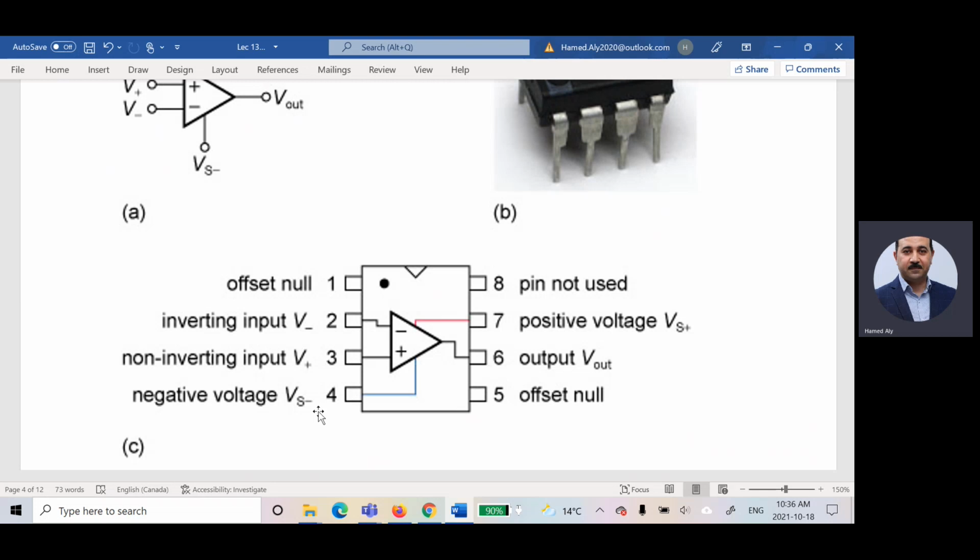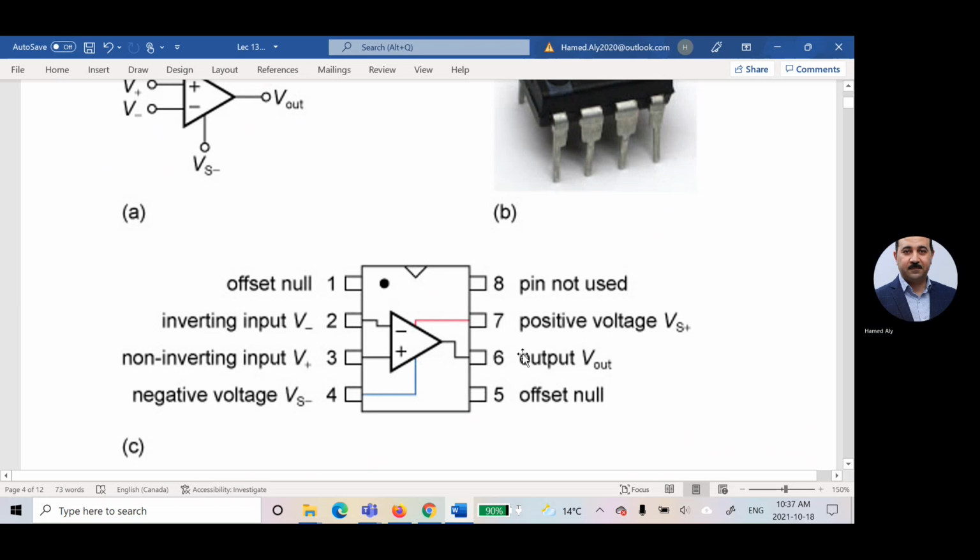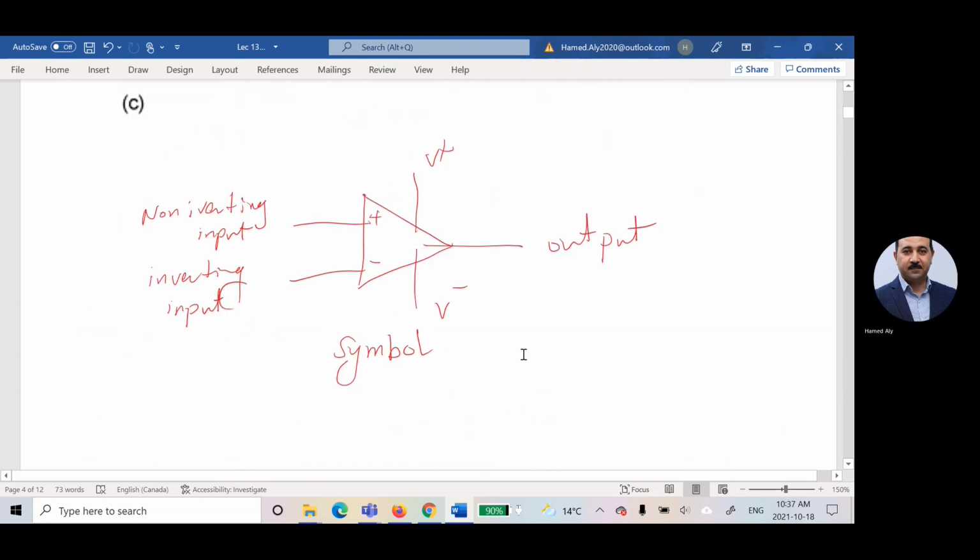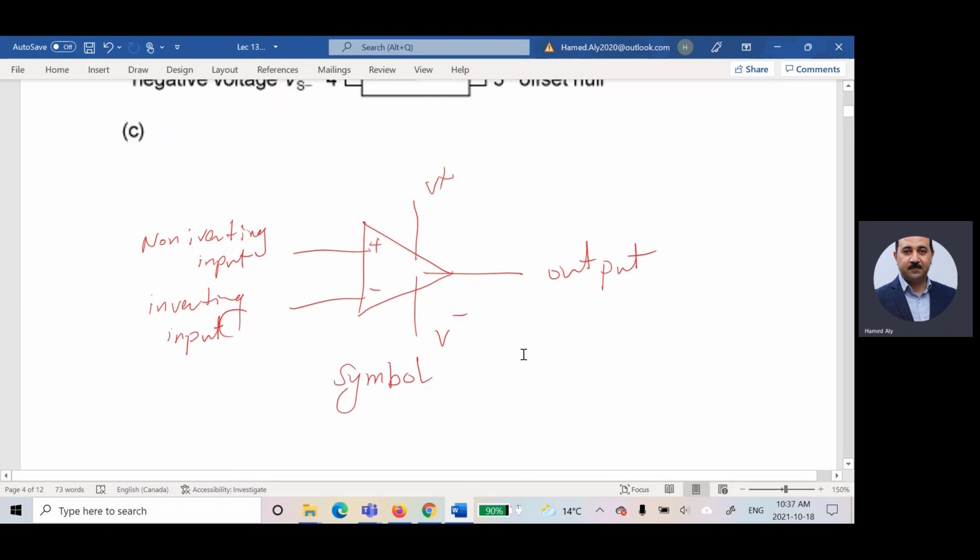These are not the inputs. The inputs for the operational amplifier are through pin 2 and pin 3. Pin 2 is called the inverting input and pin 3 is called the non-inverting input. We are taking the output from pin number 6. This is the symbol I showed you in the previous class.